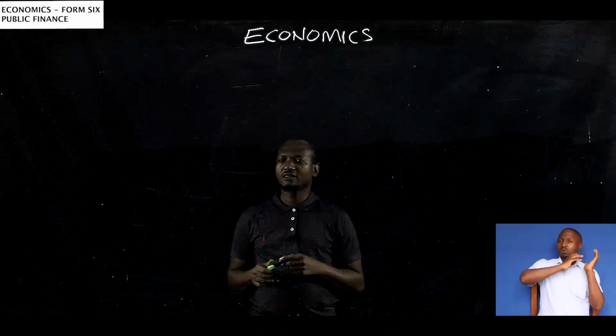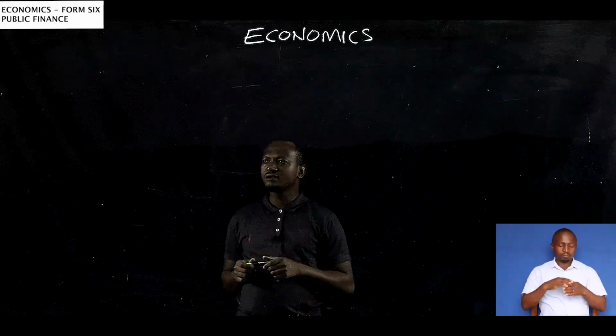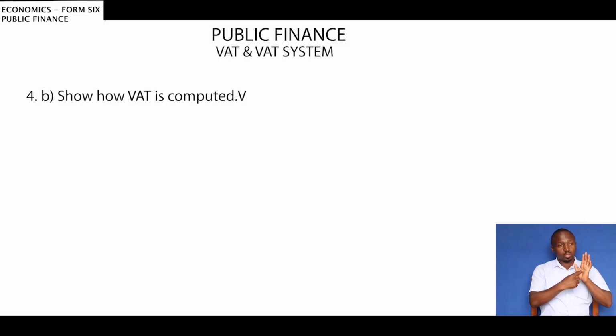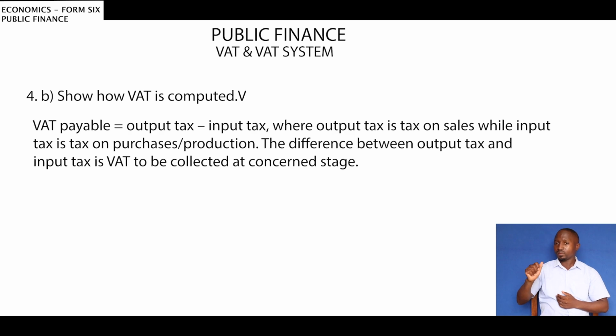Let's see another question. Question 4b. Show how VAT is computed. VAT payable is equal to output tax minus input tax, where output tax is tax on sales, while input tax is tax on purchases or production.